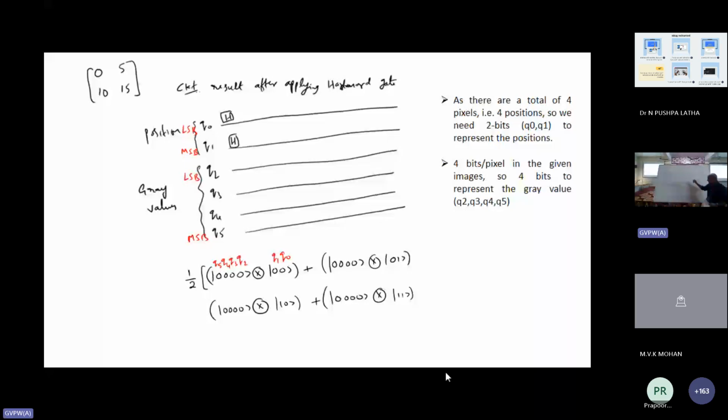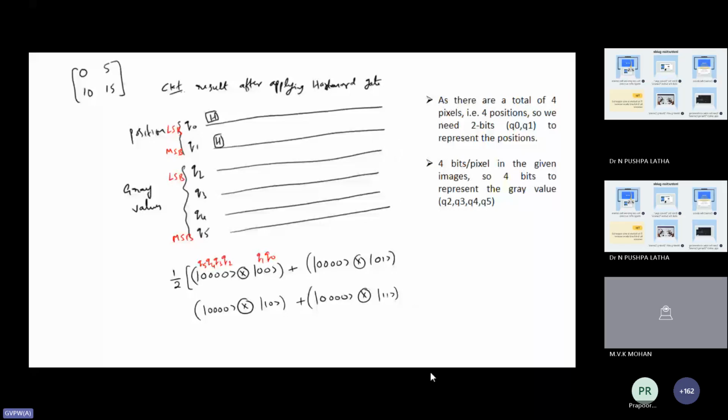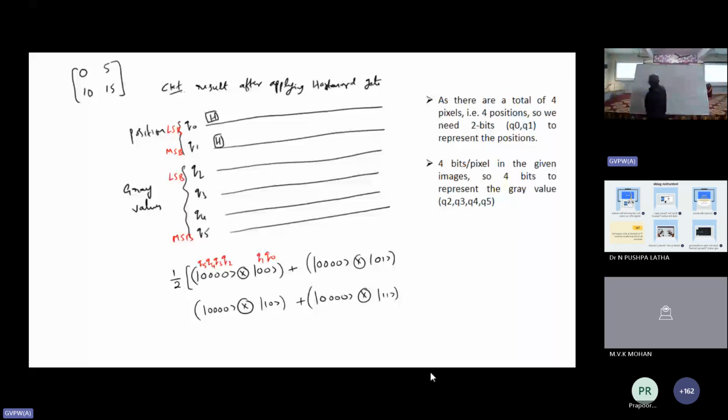Then what will you get here? 0, 0, 0. So there is no change for Q3, Q4, Q5. Whereas for Q0, Q1, Q2, you will get all the combinations: 0, 1, 2, 3, 4, 5, 6, 7. So in some textbooks, instead of writing the Hadamard gate like this, they use it like this also.